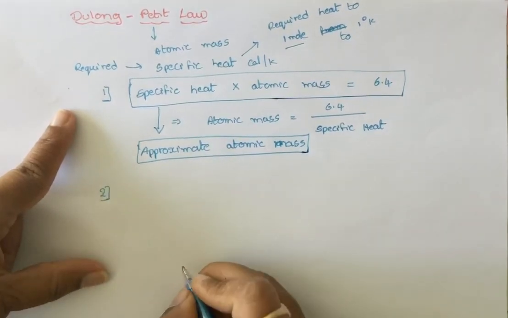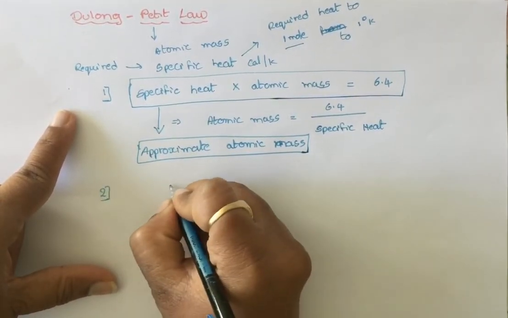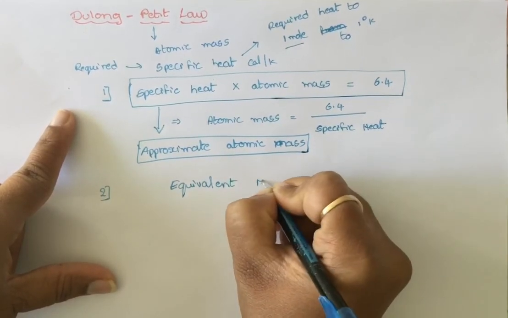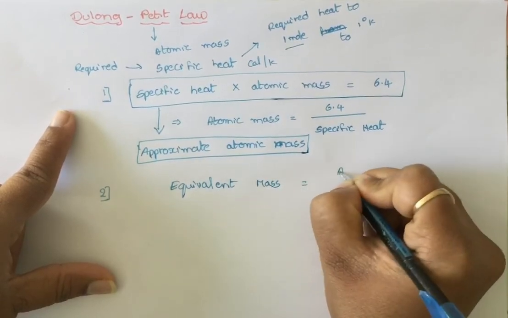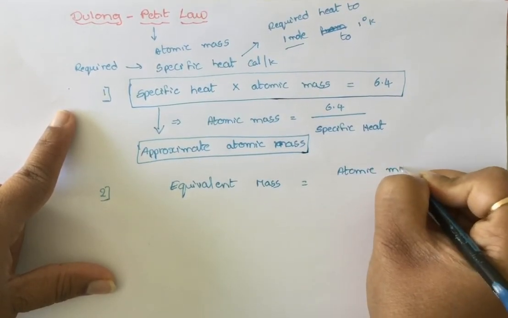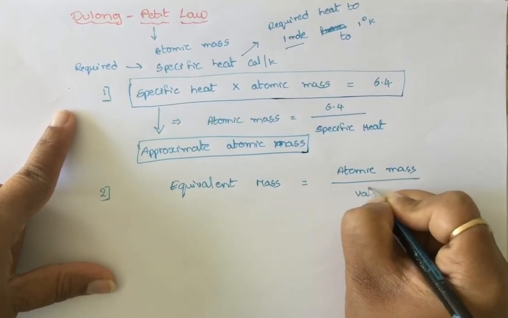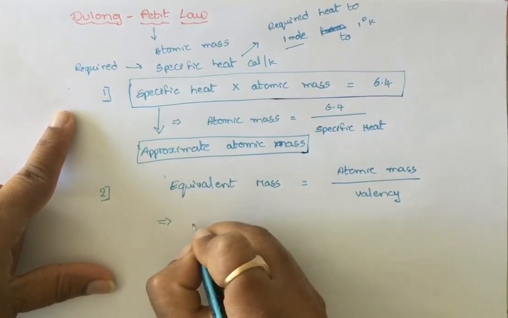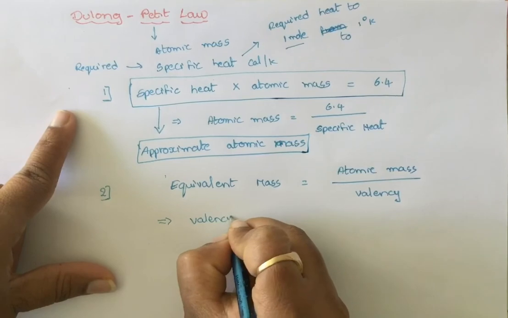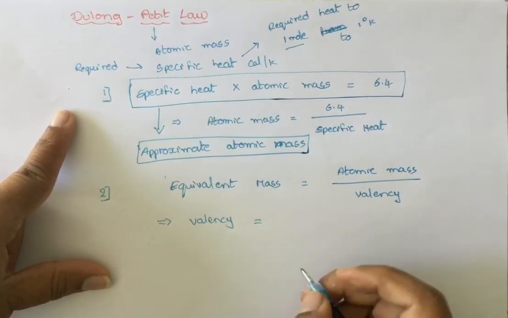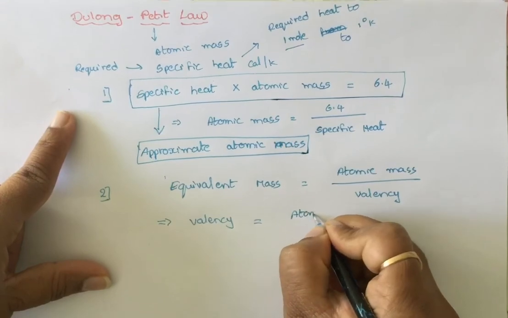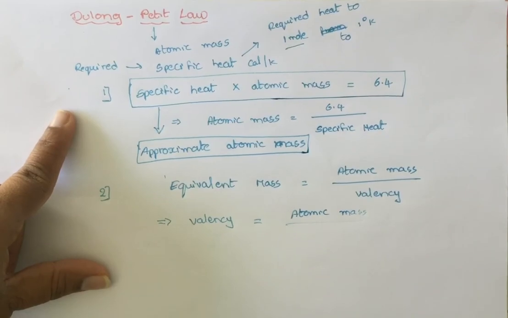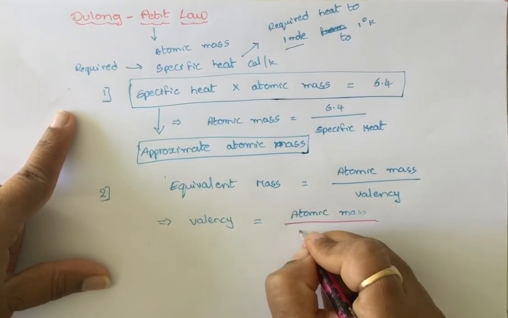I have one more equation, the relation that equivalent mass of a substance is equal to atomic mass divided by valency. By using this formula we can calculate the valency of any particular substance: atomic mass divided by equivalent mass.